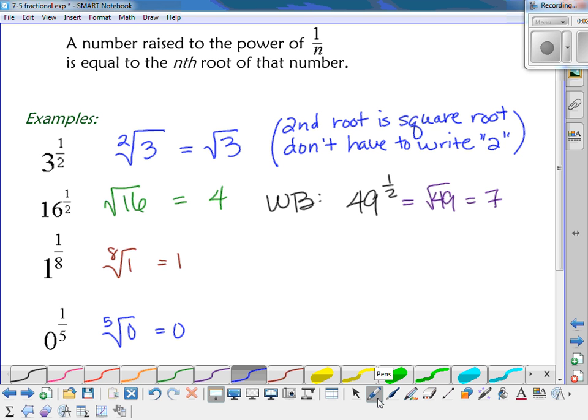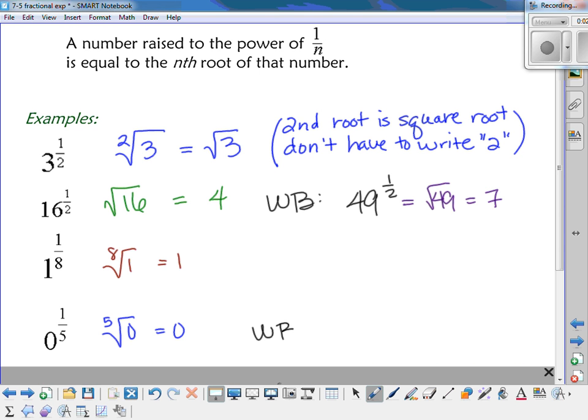All right. So if it's not one that you can take, you can just leave it written in the root form. So for instance, I'll have you give this one a try on your whiteboards. Write it in radical form for me. All right, so we end up with the 7th root of 2.